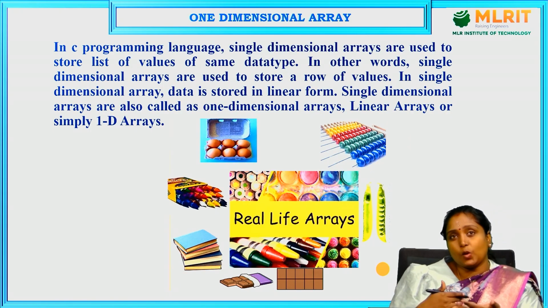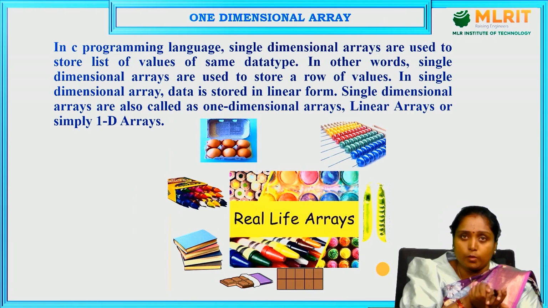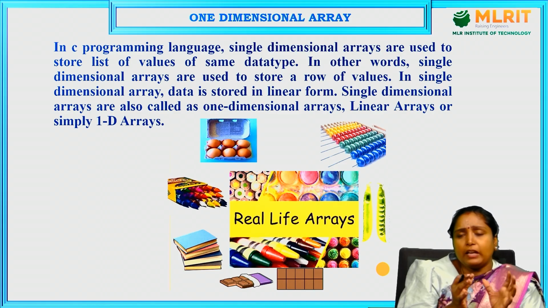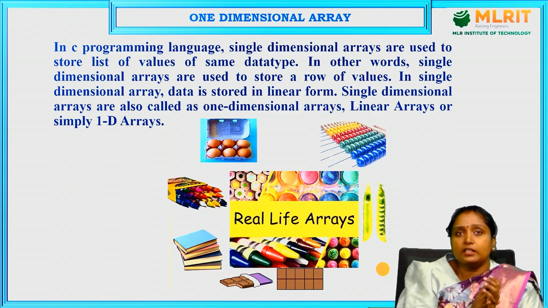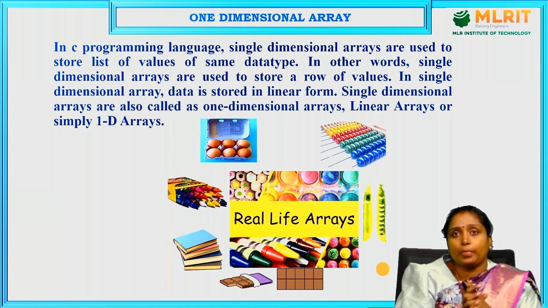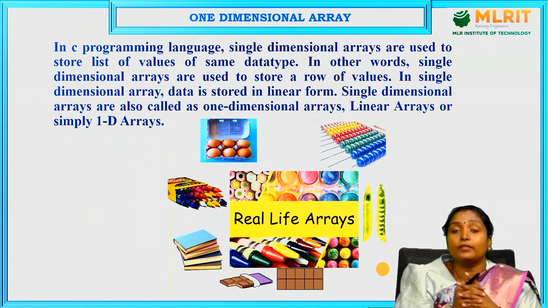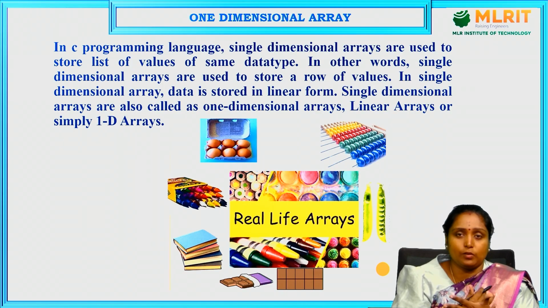Similarly, that is called a one-dimensional array. Here we store a list of values of the same data type in one variable. In other words, the data is stored in a linear form, and those are called one-dimensional arrays, linear arrays, or simply 1D arrays, or single dimensional arrays also.